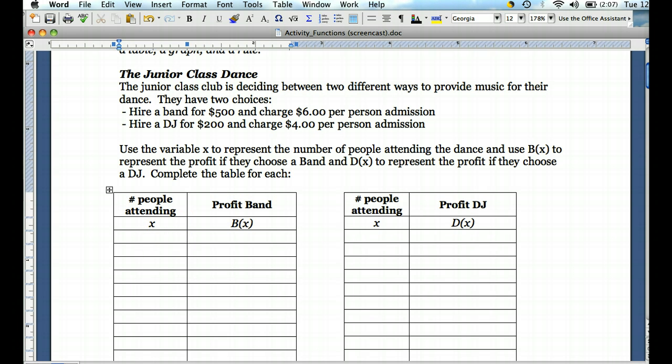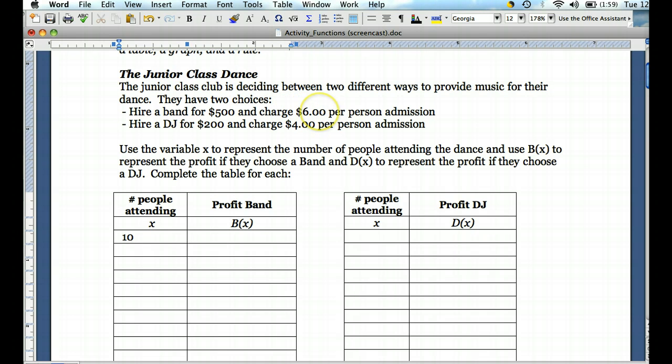So for example, if 10 people attend the dance, then we know right here for the band that it's going to cost them $500. So that's a negative, right? That's going to be a cost. So the profit will be whatever they take in minus this $500 that they had to pay for the band.